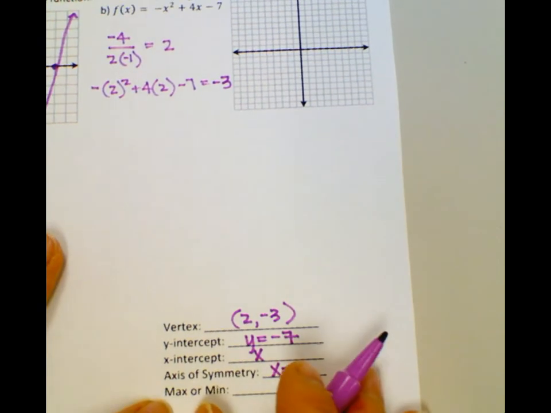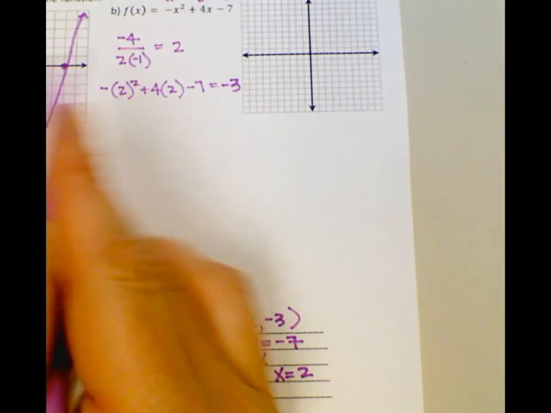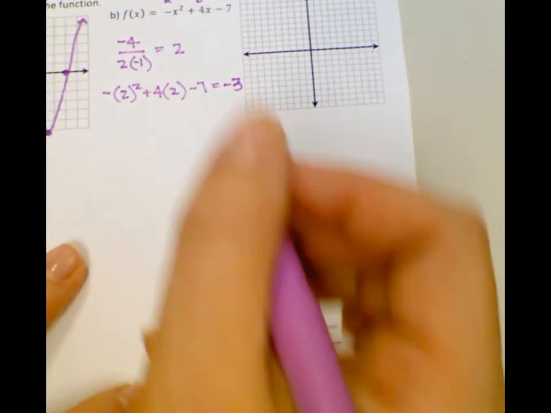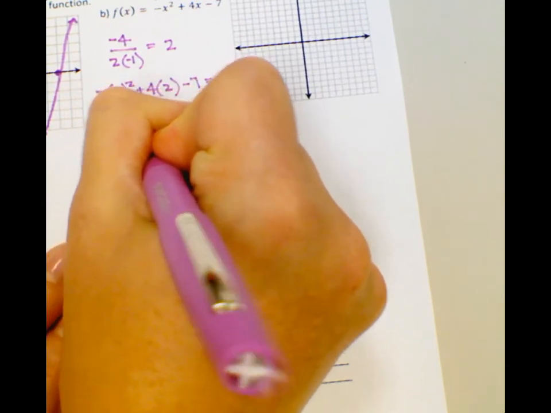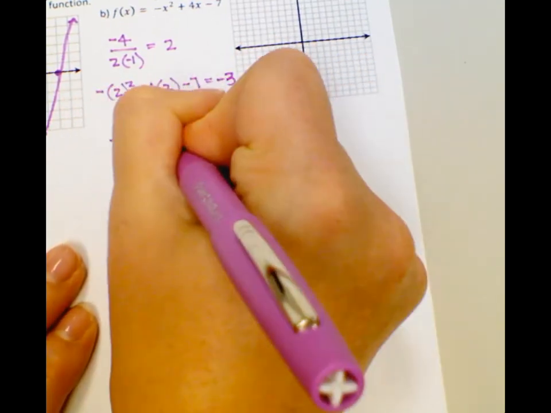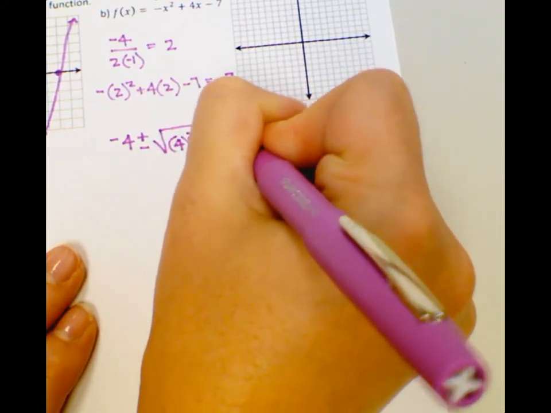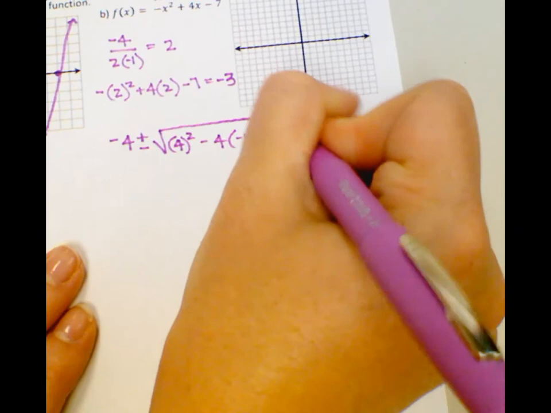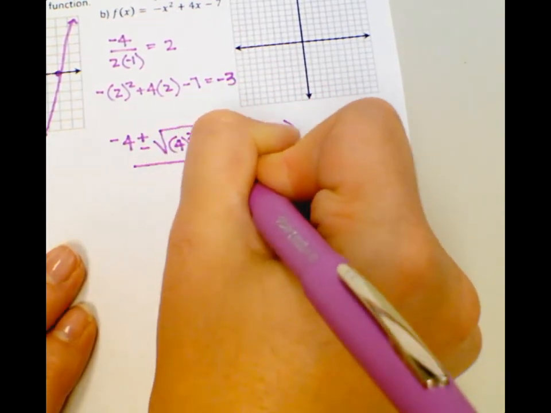So let's factor again. Actually, no. Let's do quadratic formula. We factored here. I'm going to do quadratic formula. So let's do it. Negative b plus or minus the square root of b squared minus 4ac all over 2a.